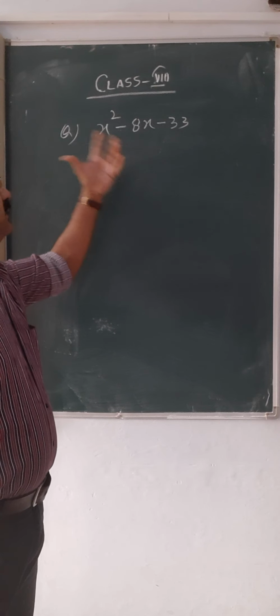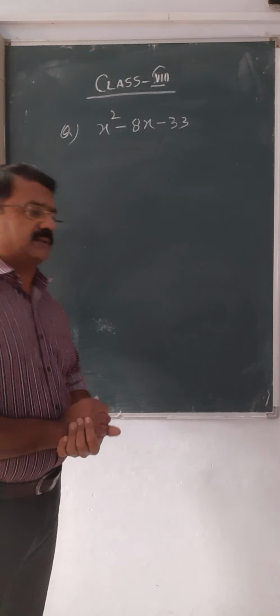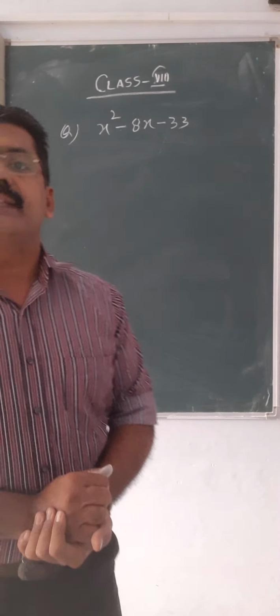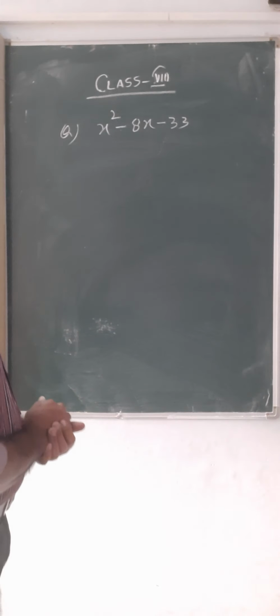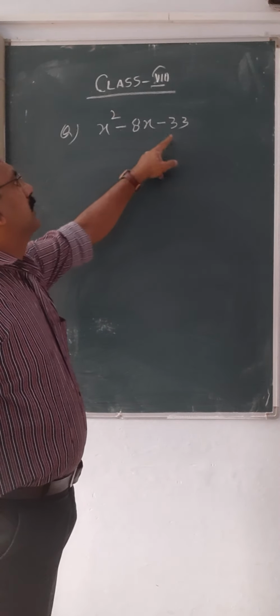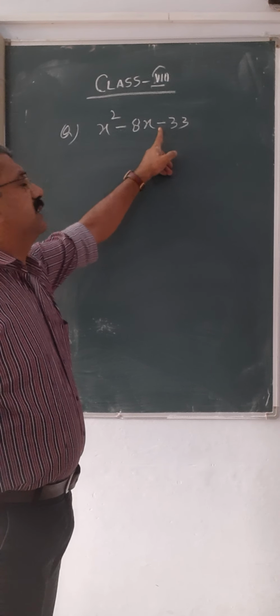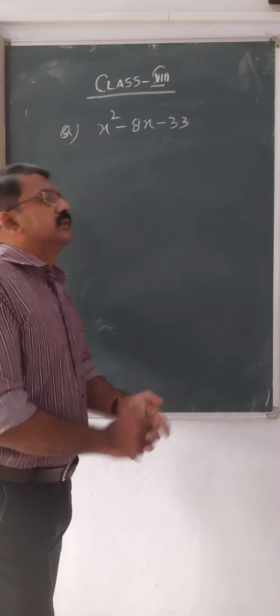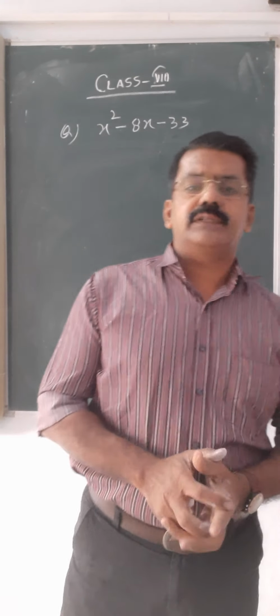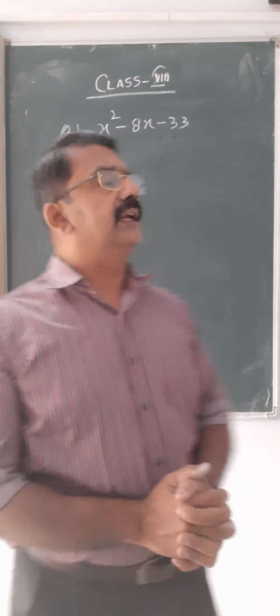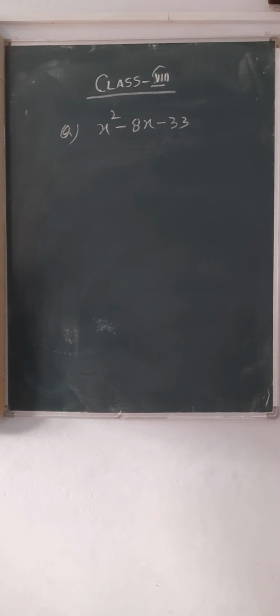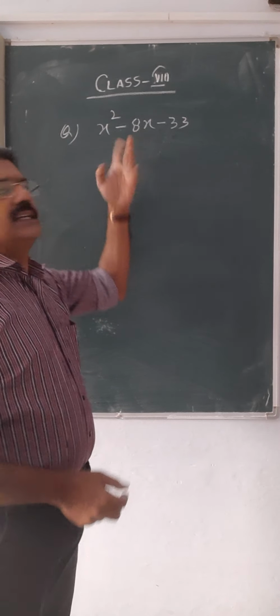So we factorize these expressions by splitting the middle term. So now what we do, the constant term, you can see it is 33 and there is a negative sign in front of it. So you have to think of two numbers whose product is 33 and whose difference is 8.